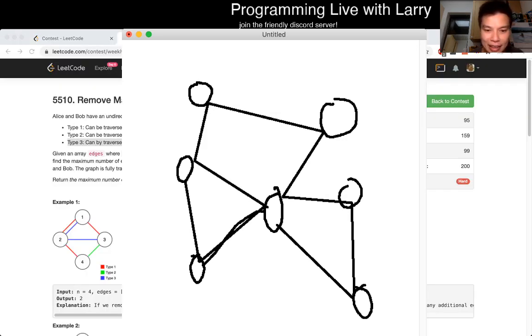But the thing is that when you process all the type 3 edges, you're going to basically have a subset of the nodes, right?